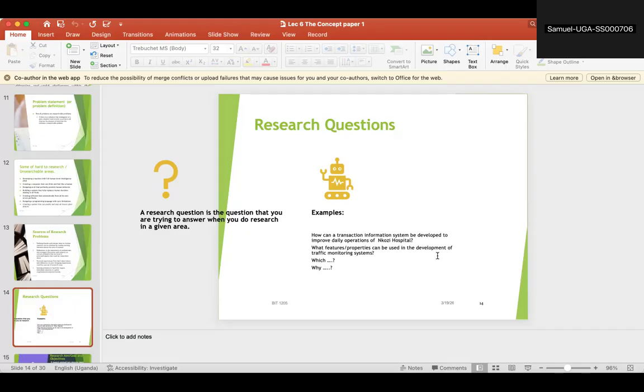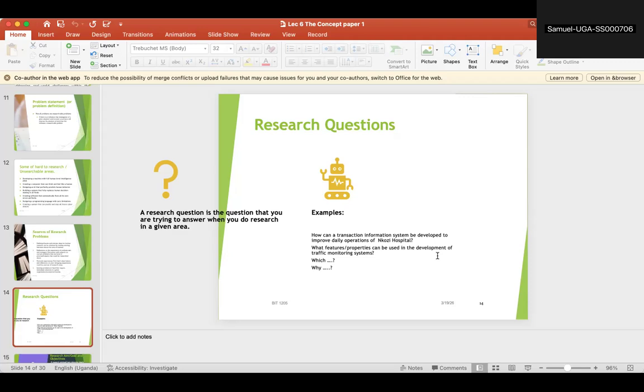Each and every research must have a target. I'm doing ABCD to achieve F or P, depending. So that is the objective. The research aim. If you don't call it research aim, you can call it a research goal. If you don't call it research goal, you can call it research objective.